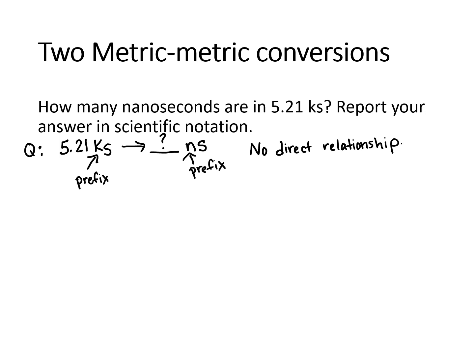So you have to use two metric conversions. The first, we're going to go from kiloseconds to seconds. That's going to be our first step. Then we can take those seconds and convert those to nanoseconds. So that's why this is called two metric conversions, because we're literally doing two of them to get from where we are to where we want to be.